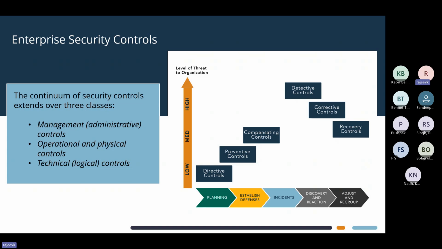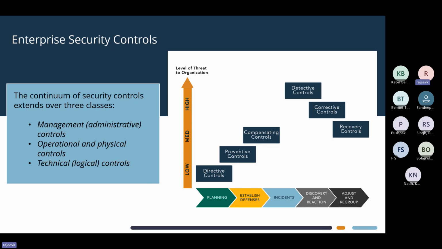And for that, you will be selecting certain control framework documentation, right? Remember, depending on the kind of threat you are facing, you are going to implement a control, right? So these controls are further divided into actions, right? Where you may have a directive control where it is directing, like policy is a directive control.